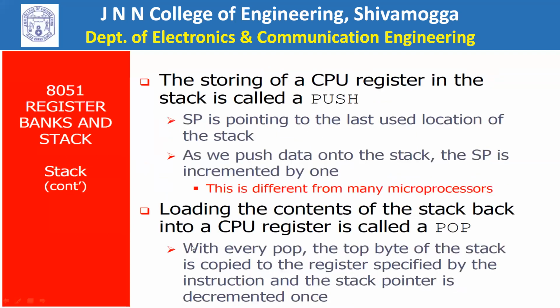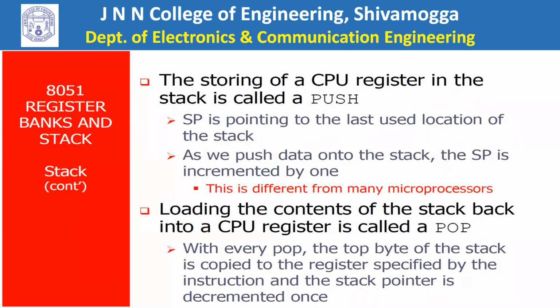The storing of the CPU register in the stack is called the push operation. When the push operation happens, SP is pointing to the last used location of the stack. As we push the data into the stack, first SP is incremented by 1. This is different from many microprocessors.